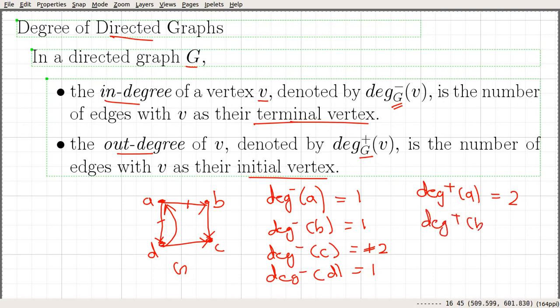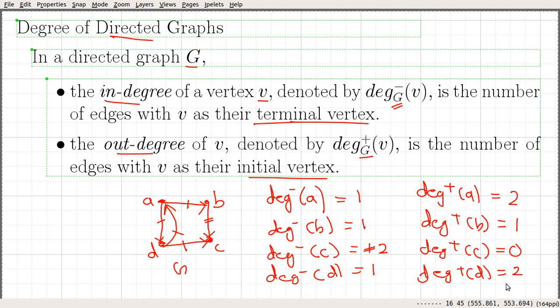The out degree of B is 1 because we have this edge with B as the initial vertex, and the out degree of C is 0 because there is no edge with C as the initial vertex, and the out degree of D is 2 because we have these two edges having D as the initial vertex.